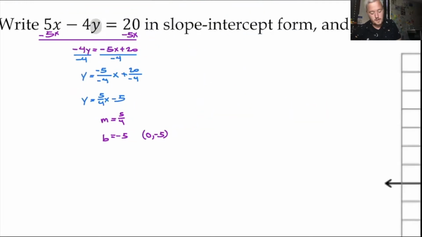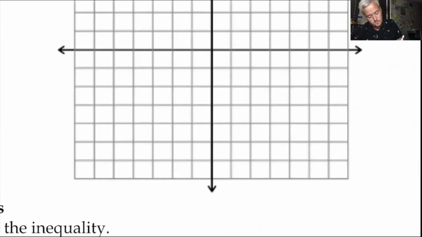So at 0, -5, I'm going to start down here and go up 5, right 4. So I'm going to be at this point. 1, 2, 3, 4, 5. 1, oh wow, 1, 2, 3, 4.